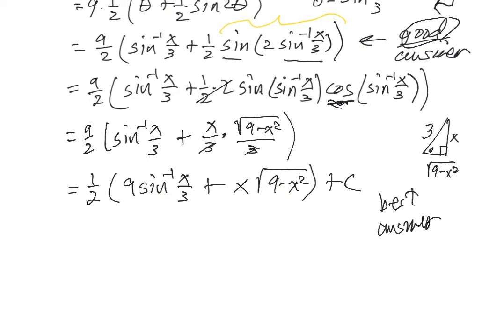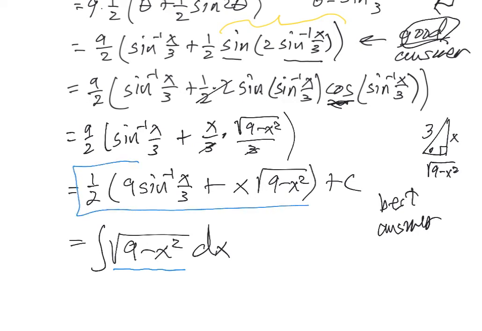Okay? So let me write down what we've done here. It may have got lost in all the details. We started with kind of a not terrible looking function. And we asked, what is its antiderivative? And what did we get? Well, we got all of this.